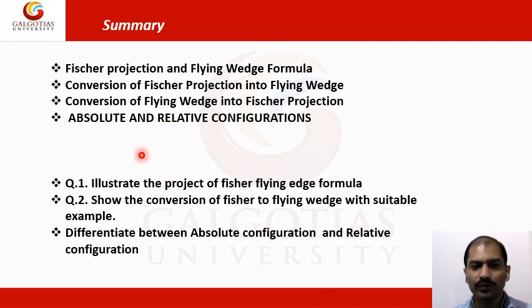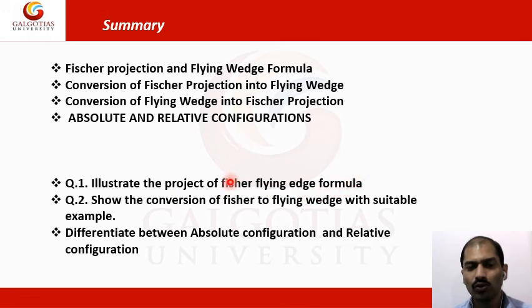After this discussion, a number of questions can be framed and answered from it. For example, a question could be to illustrate the projection of Fischer and flying wedge formula.